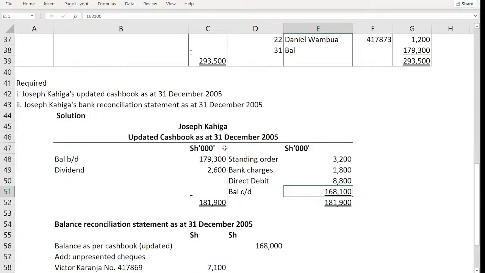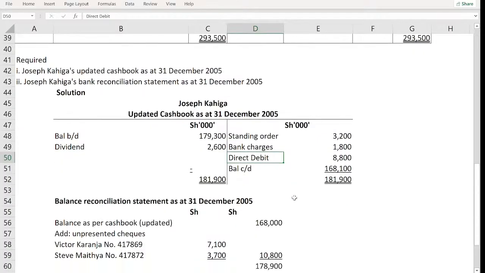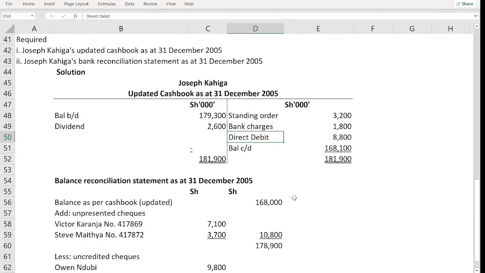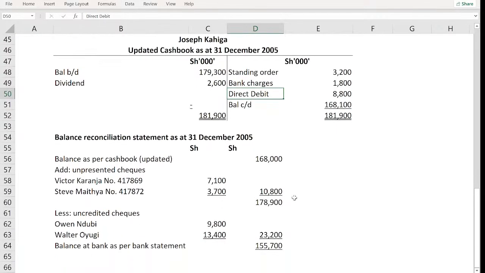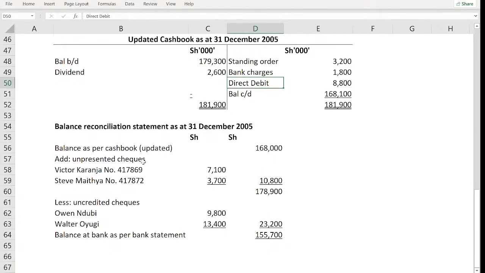So after noting the things that are not on the cash book from the bank statement, we have updated all of them. So then we are going now to show our bank reconciliation statement as at 31st December. So balance as per cash book updated.